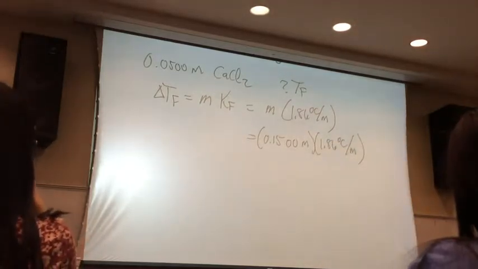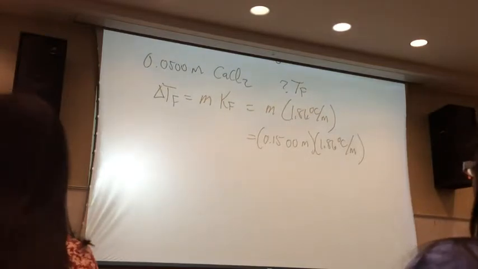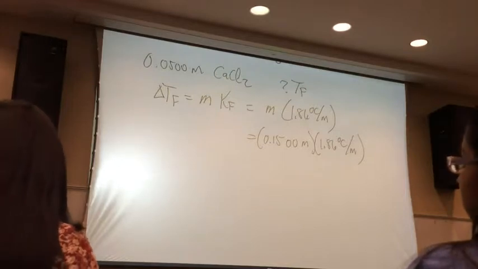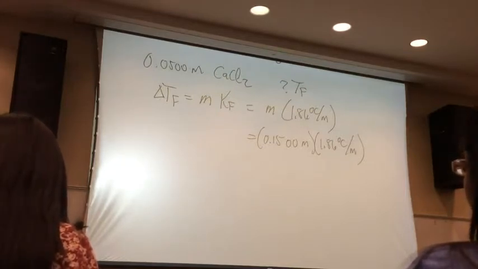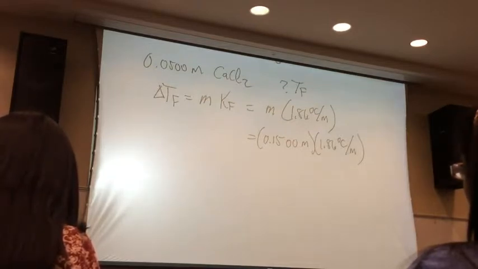Again, you're not given any other information. To know how far this actually dissociates, you would have to know delta T. That information tells you how far it actually dissociates. We're calculating this, so you have to use the theoretical i, which is 3. So this concentration times 3 is the concentration of particles.